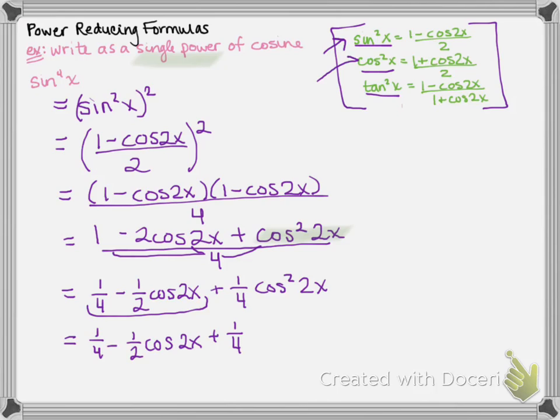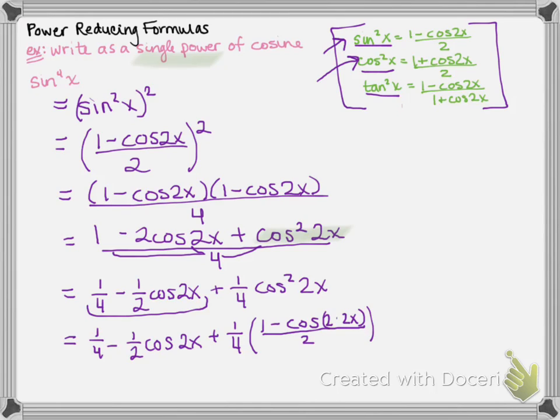Using this power reducing formula, we're going to change the cosine squared 2x to 1 minus cosine of 2 times 2x, all over 2.